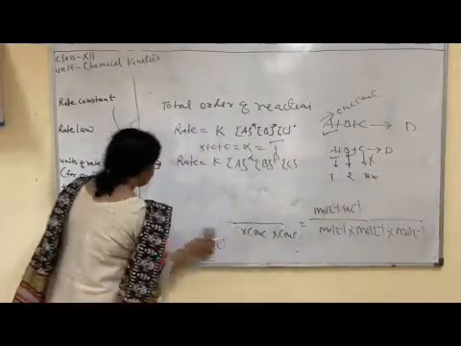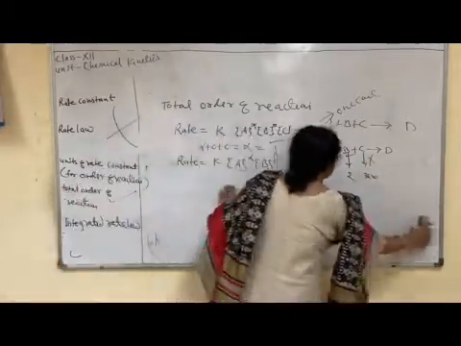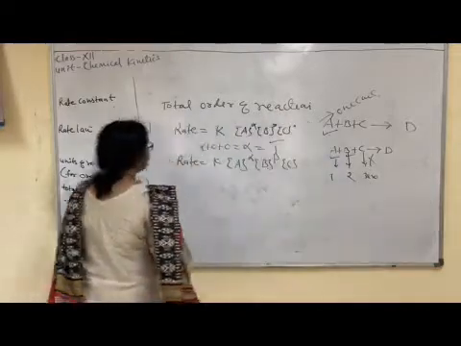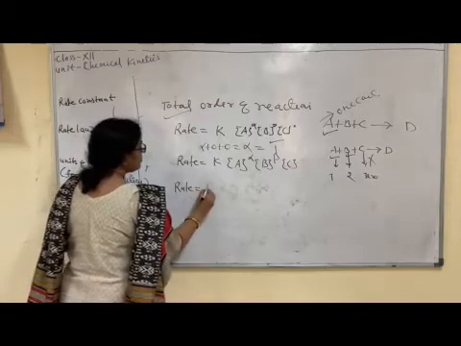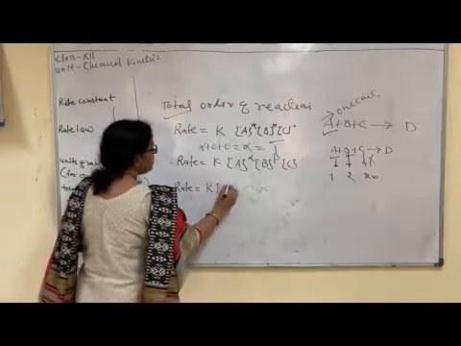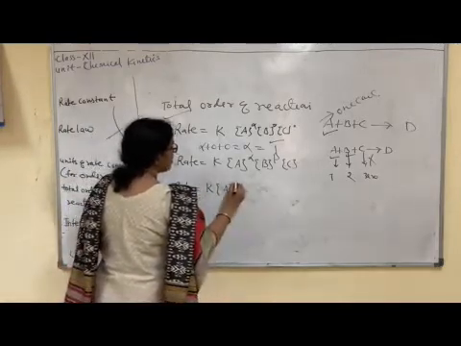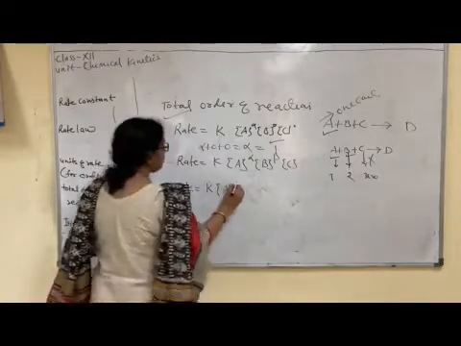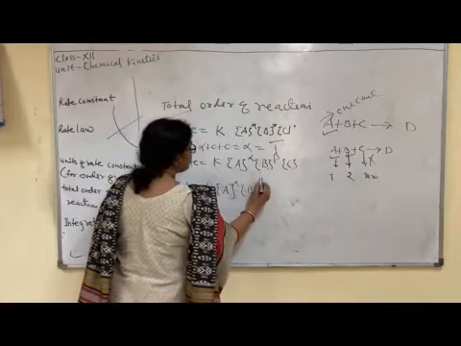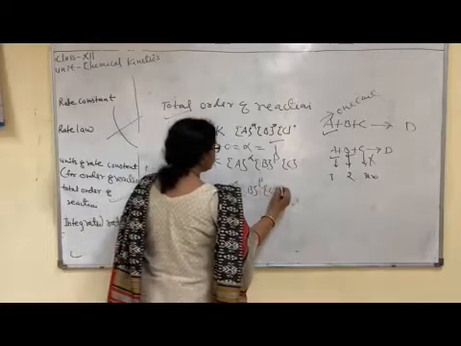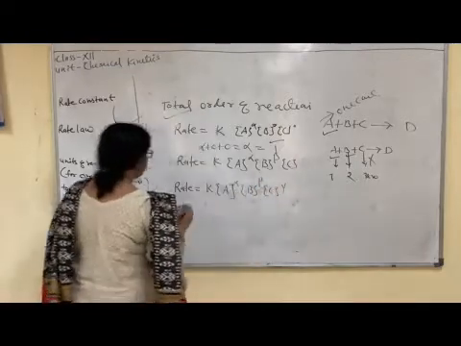In rate law expression, how to calculate total order of reaction? Rate is equal to K, A raised power alpha. First of all, I am writing standard form: then B raised power beta and C concentration term gamma. Here gamma is 0.